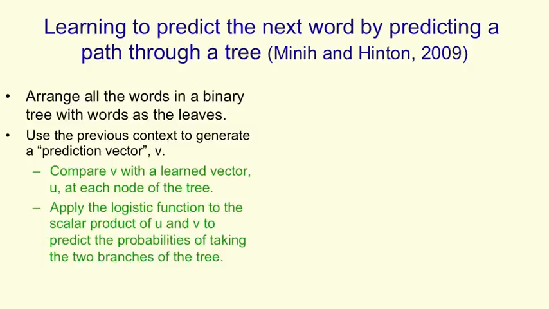The way we do the comparison is by taking a scalar product of the prediction vector and the vector that we've learned for the node of the tree, and then we apply the logistic function to that scalar product, and that will give us the probability of taking the right branch in the tree, and 1 minus that gives us the probability of taking the left branch in the tree.